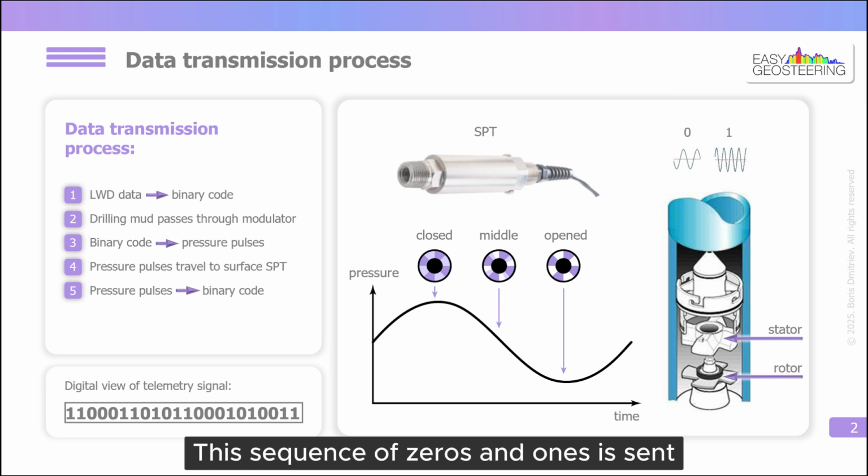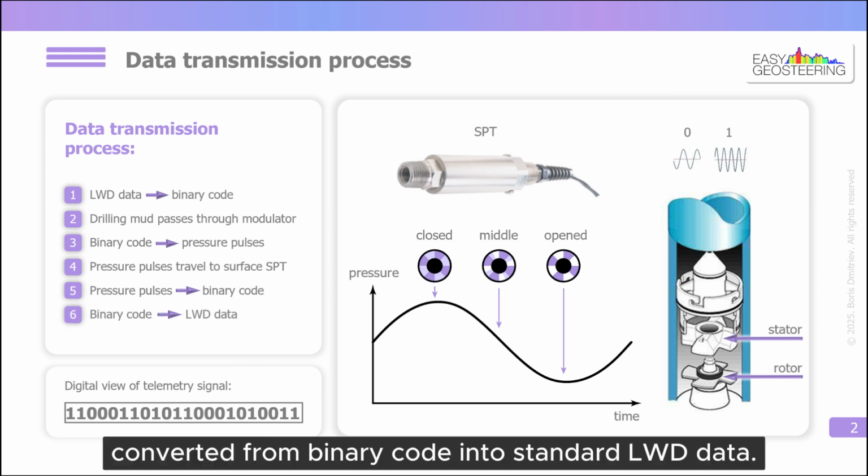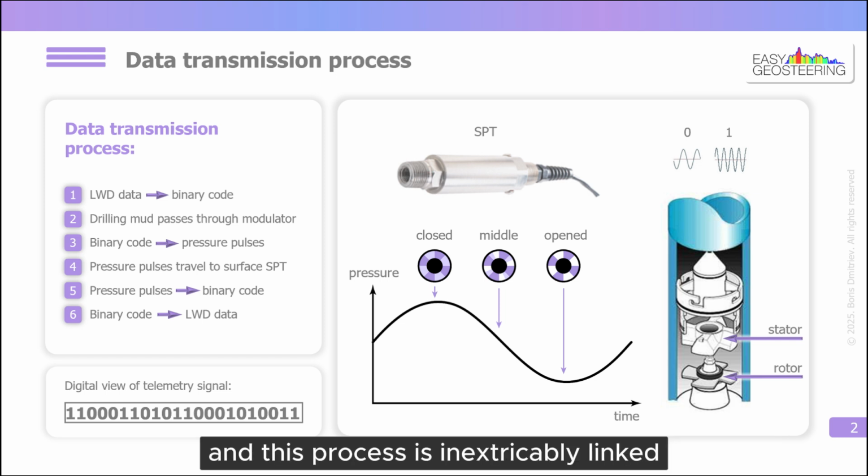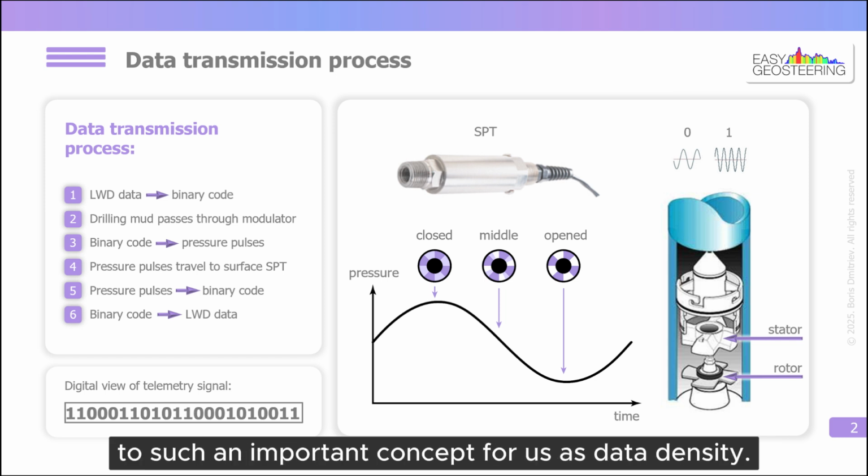This sequence of zeros and ones is sent to specialized MWD software, where it is demodulated, converted from binary code into standard LWD data. So we have covered telemetry process in a simplified way, and this process is inextricably linked to such an important concept for us as data density.